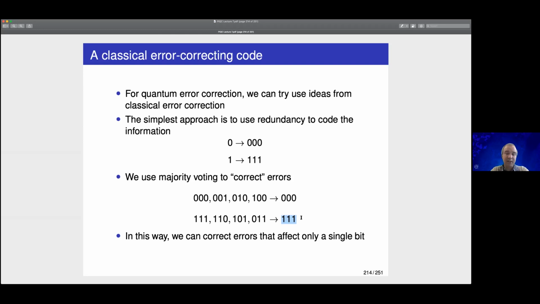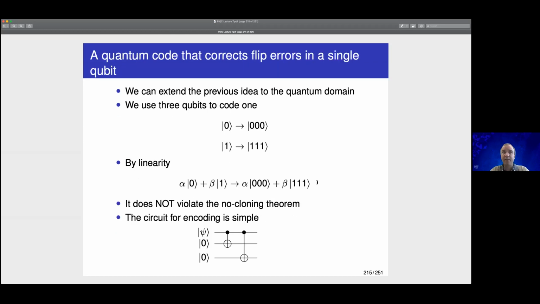You have some redundancy, some multiple copies of the same information, and from this majority you can restore the correct values, provided that not many of the bits that you have used have been modified in the channel or have been affected by noise.